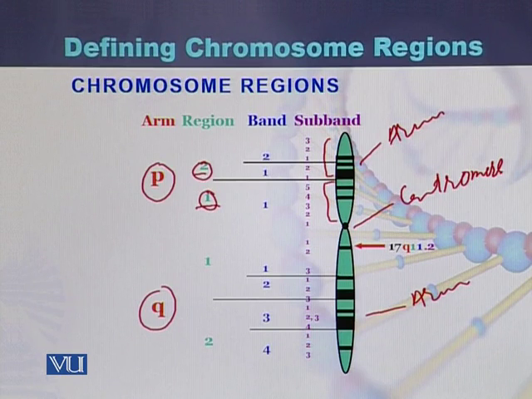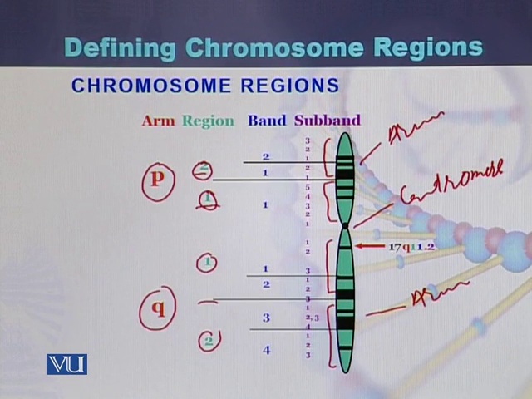Same is on the lower side. In case of the Q arm, region 1 and region 2 represent this part of the Q arm and this part of the Q arm. So on the P arm, there are two regions, 1 and 2. Same is on the Q arm, region 1 and region 2.